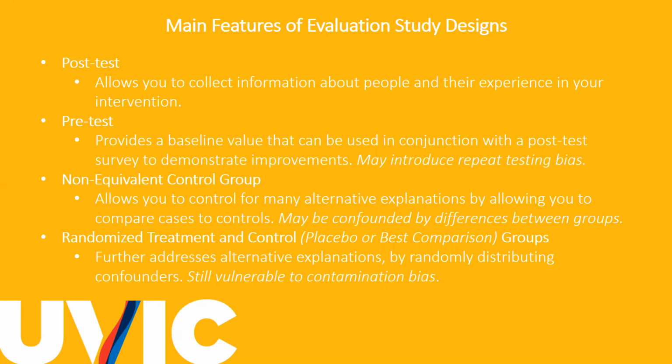You can also collect demographic information as part of a post-test. So that could tell you, who did this work for and who didn't, who did like it, who did not. So those are the sort of questions you can look at when you're just using a post-test study. If you add a pre-test to that, it adds this added benefit of being able to demonstrate improvements over time.